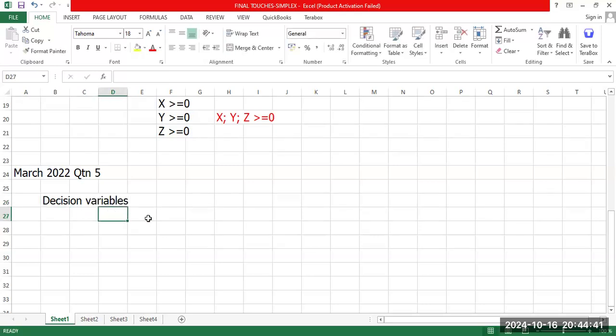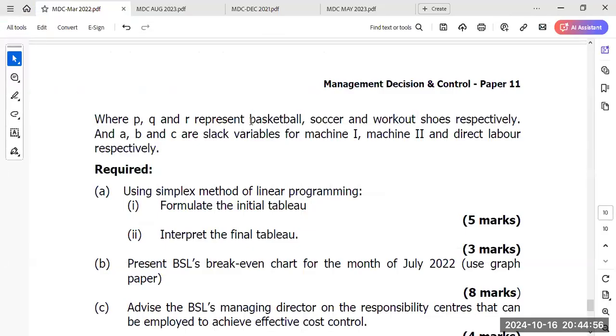We have P, we have Q, we have also R. Okay. We are now answering. P is indicating basketball, then Q, soccer, then R representing workout shoes. Okay, then we can state our objective function.